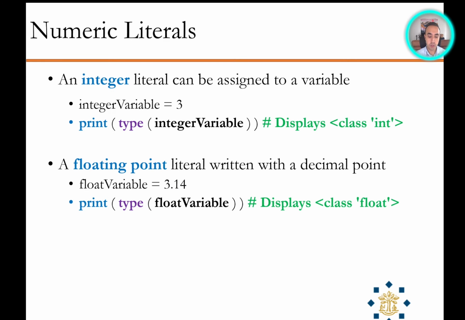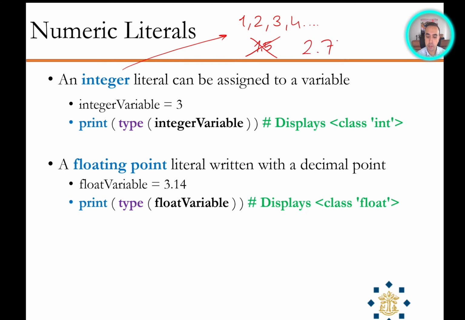And there is a distinction between an integer and a floating point number. So an integer variable, they are 1, 2, 3, 4, and so on, okay? So it cannot be, for instance, 1.5, so this is not an integer.